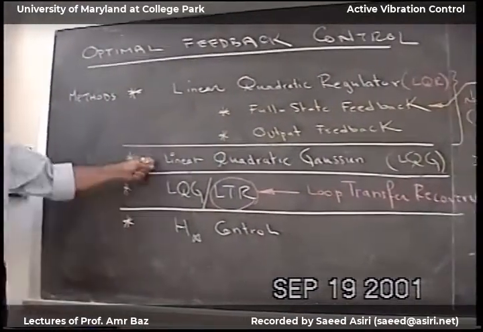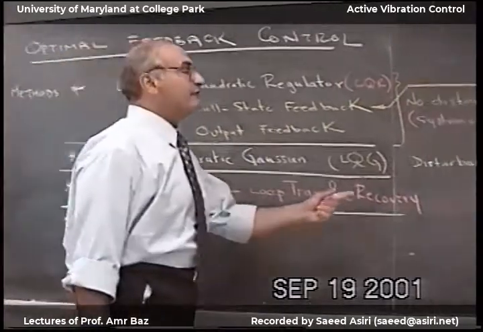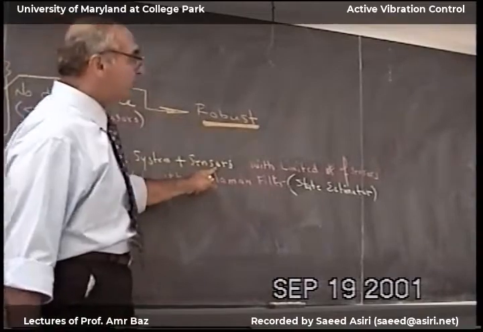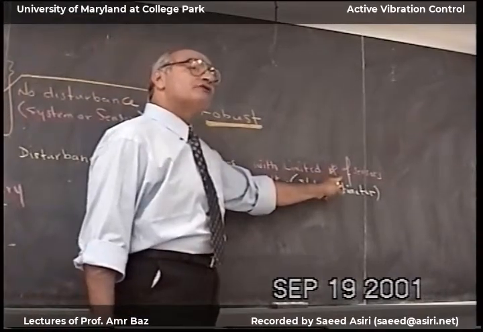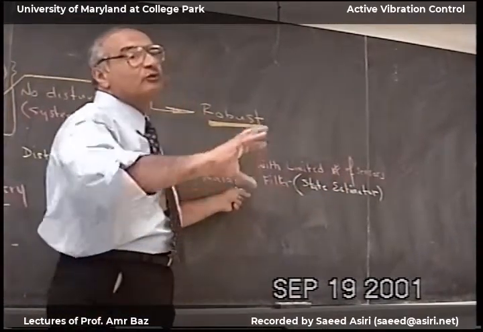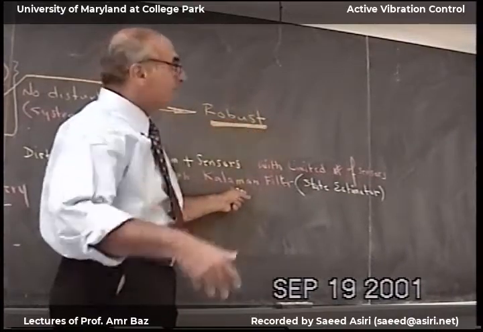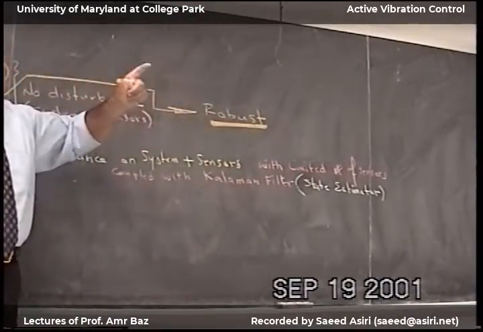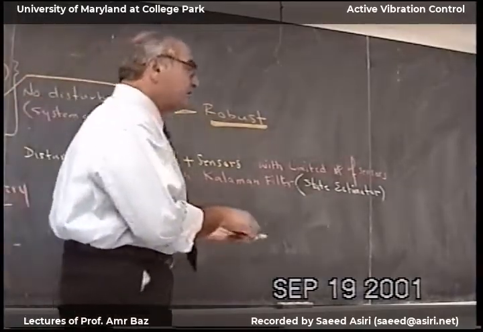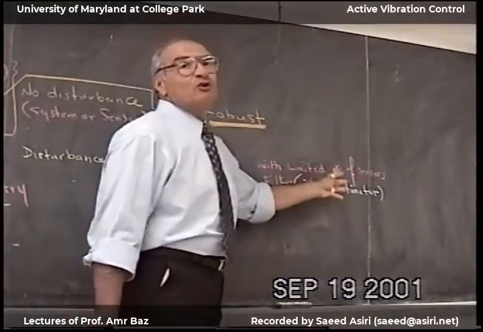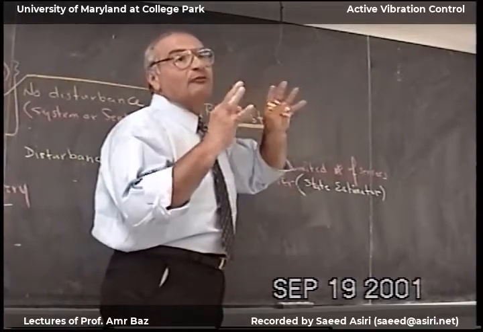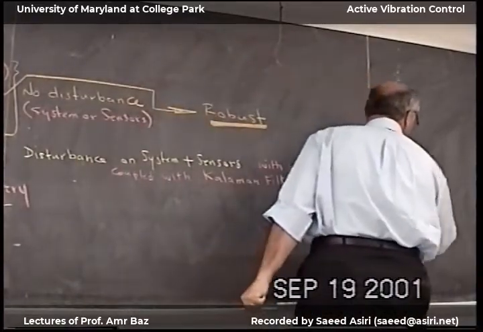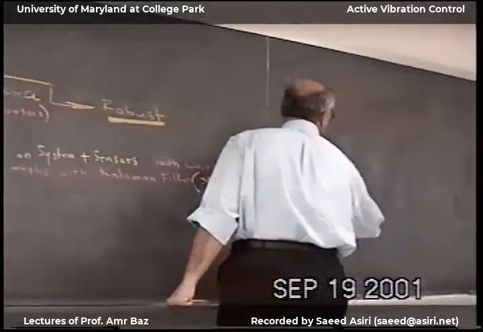Now, once we do this, we have a system with noisy sensors, and we have a limited number of sensors, and we try to reconstruct the state, then we don't have any robust system anymore. We lose robustness. So many people use this system, but it has a lot of problems. The main problem is not robust.